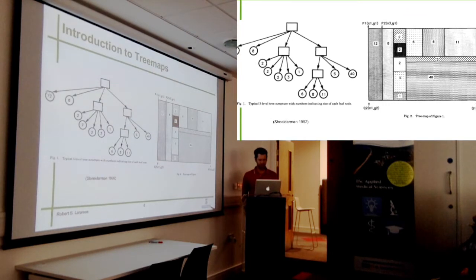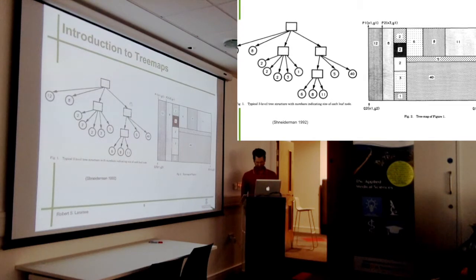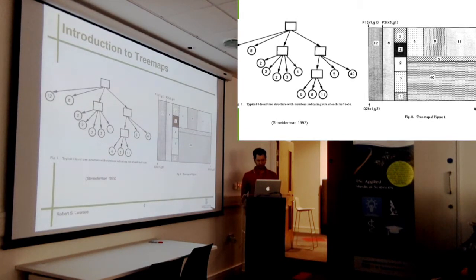Here we have the number 12, and that is represented by this rectangle, which is labeled 12. Here we have 8, and that's represented by this long, thin rectangle. And then we have 2 more rectangles, and the series of 2s, 3s, and 1s.